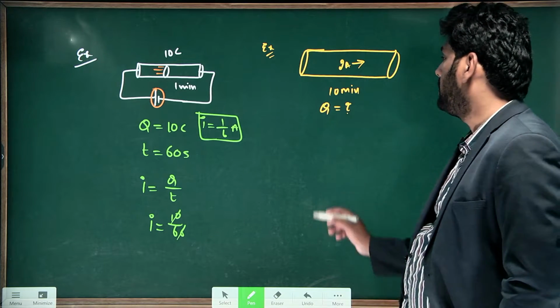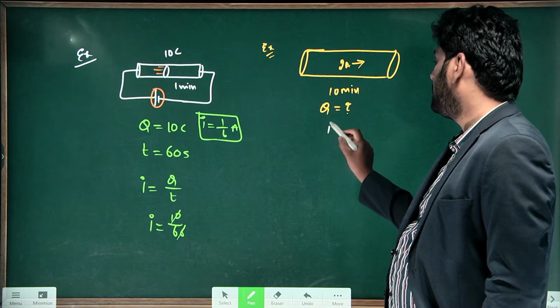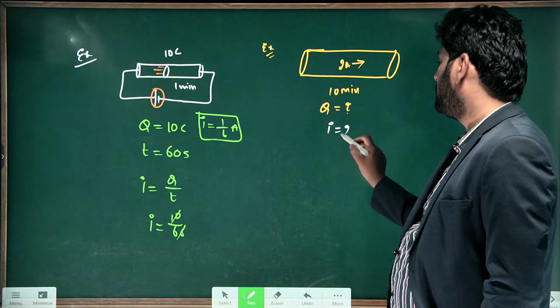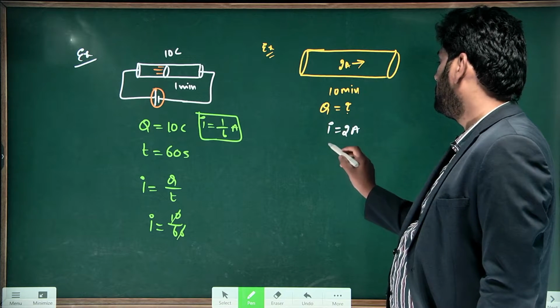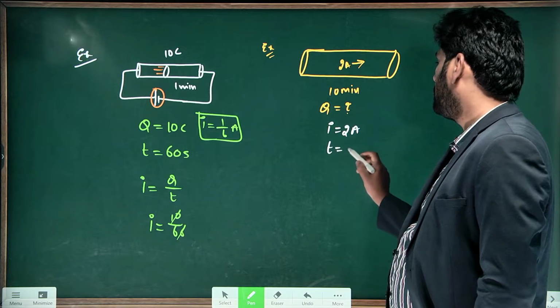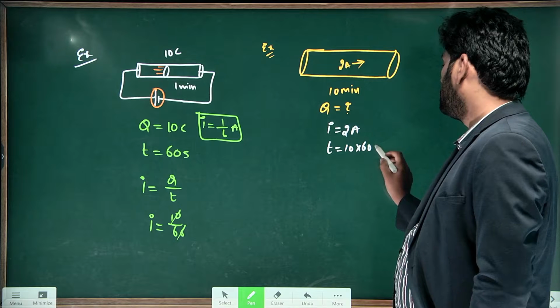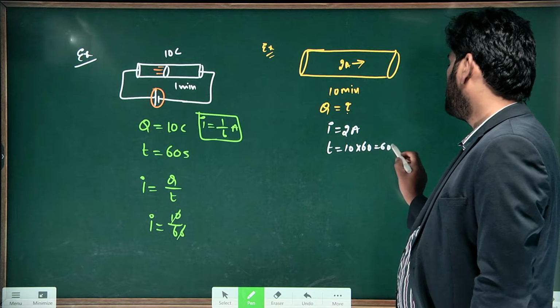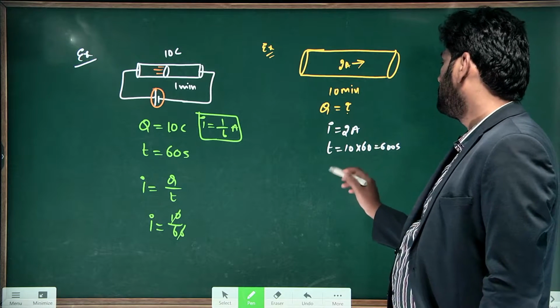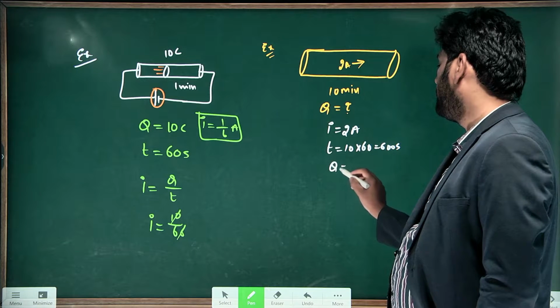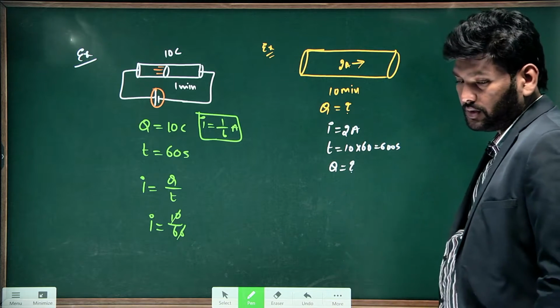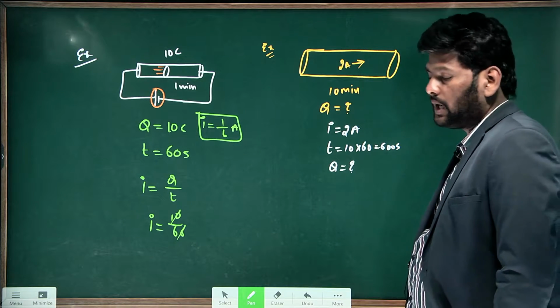What is the formula? First write down the data. They have given the current value. How much? 2 ampere. They have given the time also. How much? 10 minutes. Convert into seconds. That is 600 seconds. And they are asking to find the charge. So which formula relates all these things?